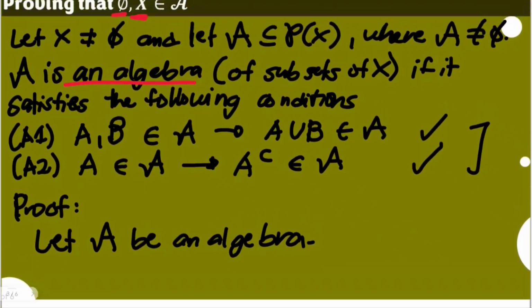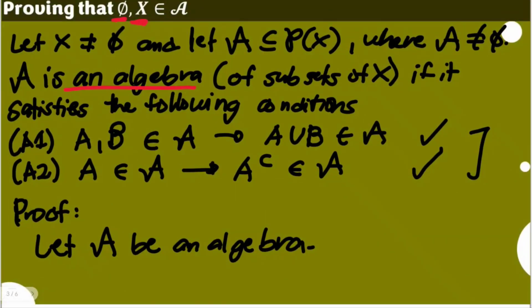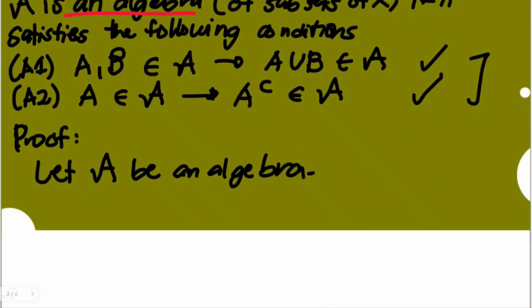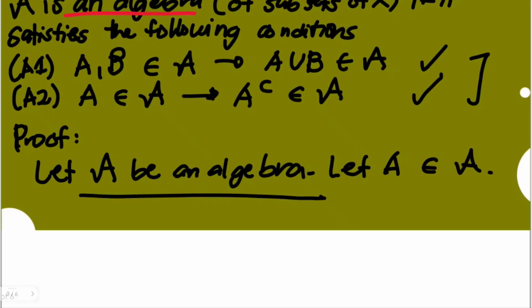Since script A is an algebra, it's non-empty, so we can pick any element. Let A be an element of script A.